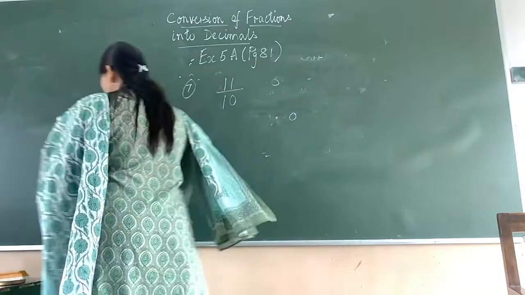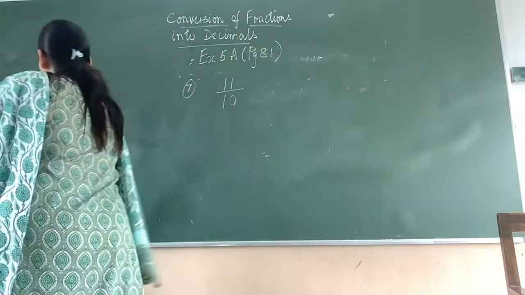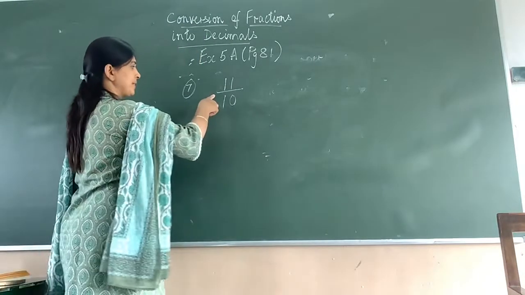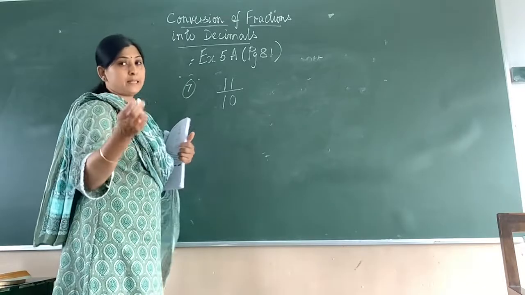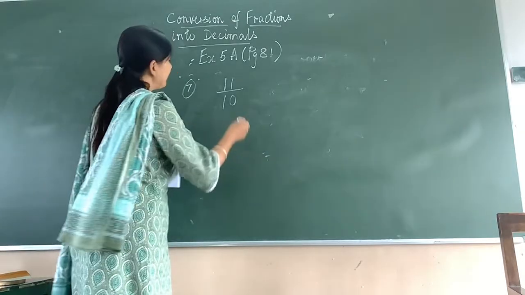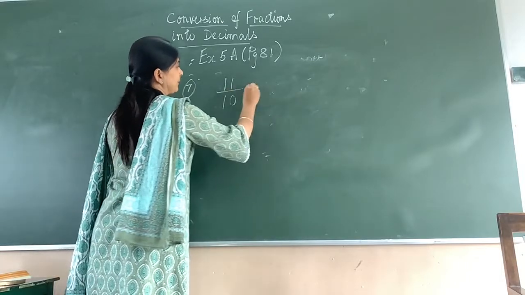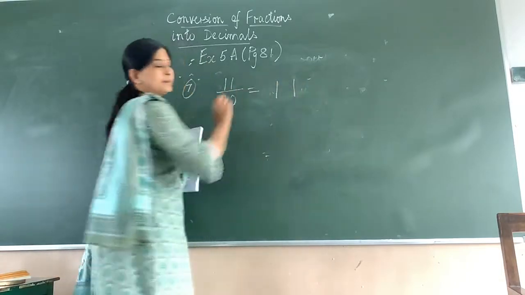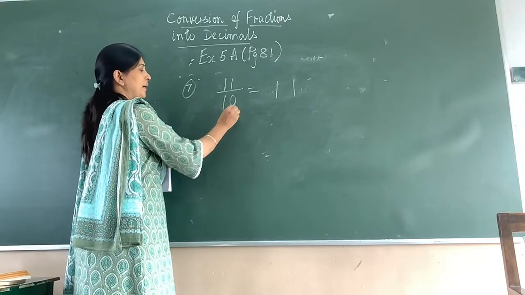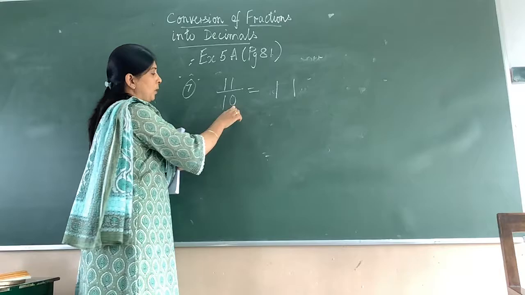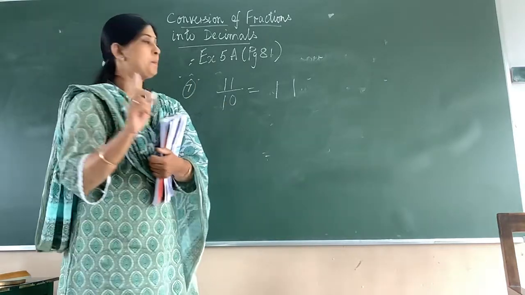So whenever we have to write this in decimal form, now what will we do? Children, since this fraction is more than 1, it refers to a decimal number which is more than 1, so we will write the numerator. And the denominator contains 1 and just one 0. One 0 means there is 1 digit after the decimal point.